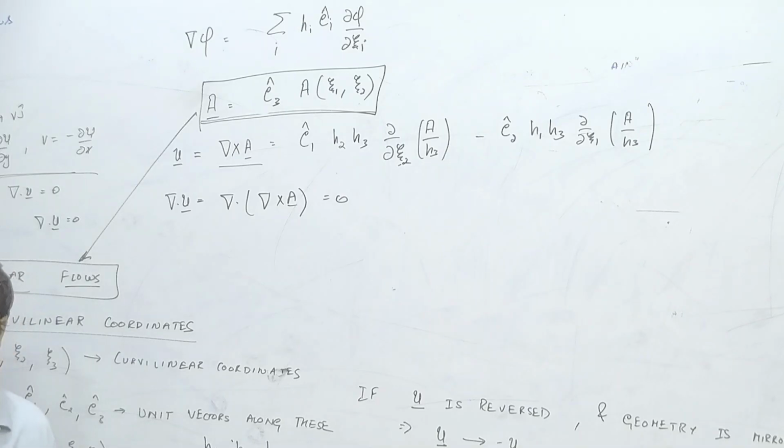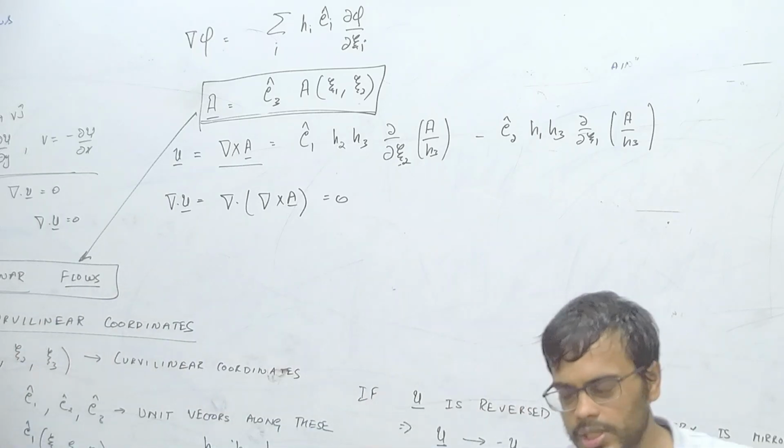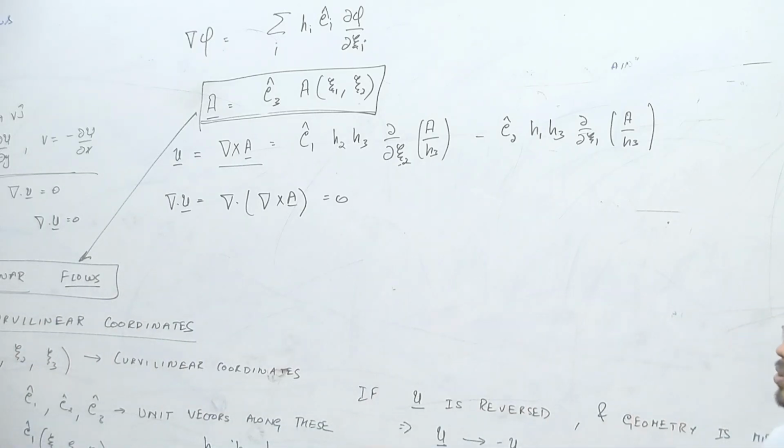It is very similar to potential flows, though we have not discussed potential flows. It is similar to saying that a vector field you can write as the gradient of a scalar field if you know that the curl is 0. If I know that del cross u is 0, then you will straight ahead write velocity as a gradient of a scalar field. It is the converse of that.